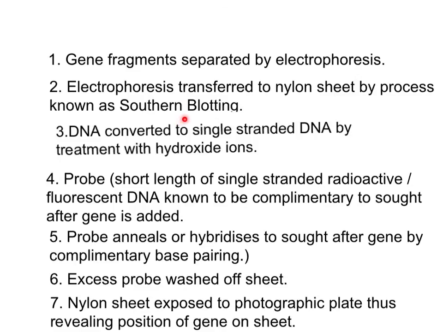The DNA on your nylon sheet can then be converted to single-stranded DNA by treating with hydroxide ions. You then add your probe. You immerse your sheet into a solution containing the probe, which is a short length of single-stranded radioactive or fluorescent DNA known to be complementary to the sought-after gene. So you add that.